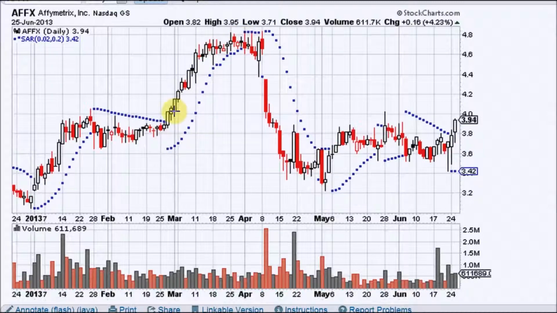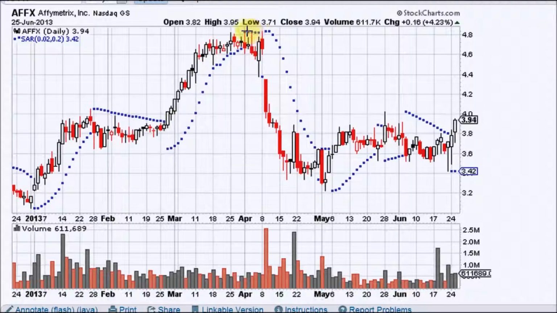So you buy 1,000 shares on the second day of the SAR flip, which would have been right in here at $4. You're waiting for the SAR to show up here. If you hadn't taken profit already because it broke out and then kind of pulled back here, the second day of the SAR flip showed up right here, and the price at that time was about $4.60. Okay, so you are in at $4.